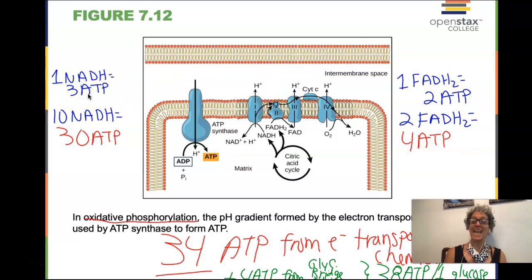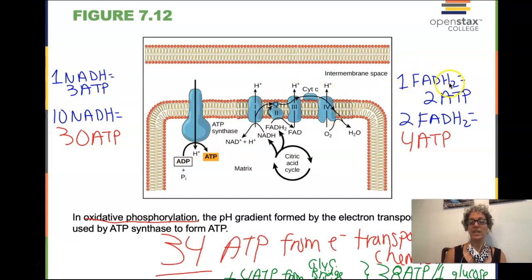We had 10 NADH, so 10 times 3 is 30 ATP. That's why it was important to keep track of those reduced electron carriers. They're carrying energy in a form that can be useful in electron transport.